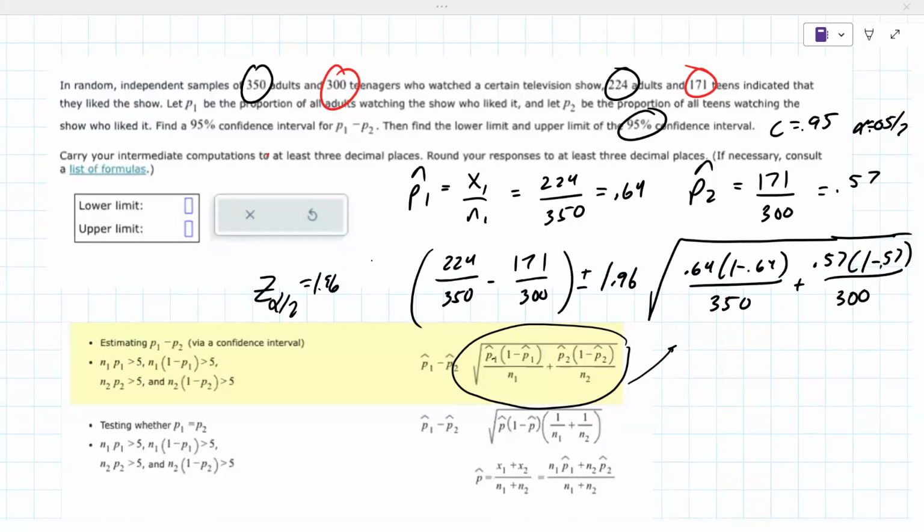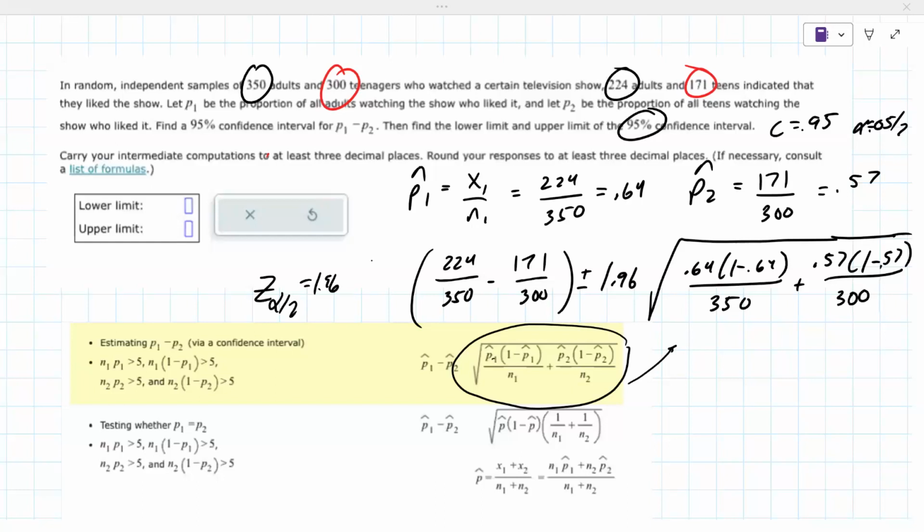Minus 1.96 times the square root of P1 times 1 minus P1 divided by 350, plus P2 times 1 minus P2 over 300.